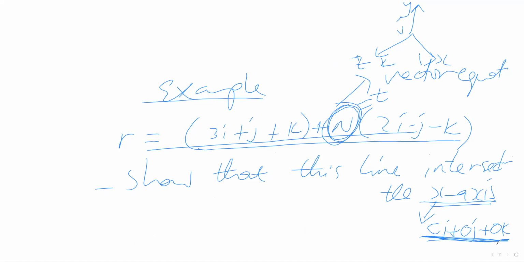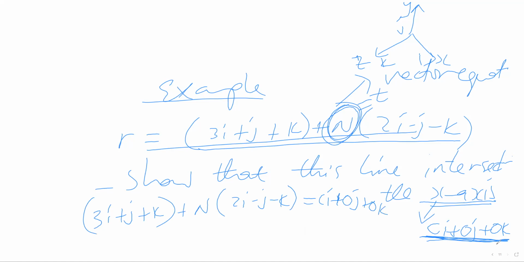So if indeed they intersect, then 3i plus j plus k plus mu times 2i minus j minus k should be equal to ci, because they intersect. So we should be able to find some mu which gives us that, and we can find a c.